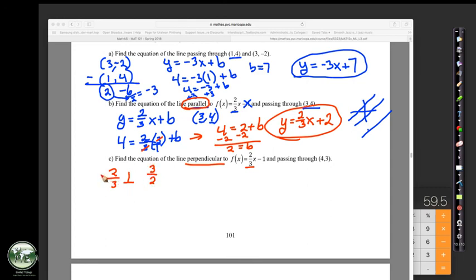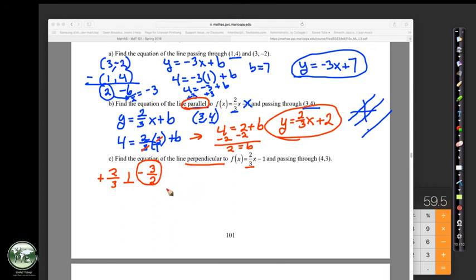Since this one was a positive slope, what's this one going to be? Negative. So there's just two components to it. The signs will be different, and the fraction will be flipped, a reciprocal.